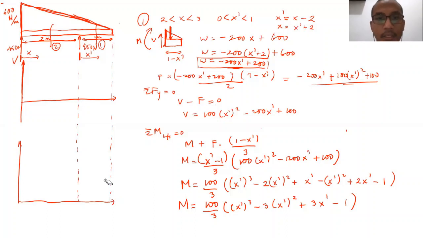At x(n) equal to 0, the value will be 100 for phi, right? And at x(n) equal to 1, the value will be 0.